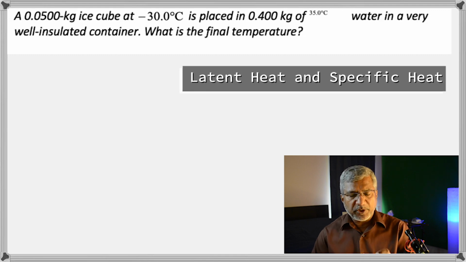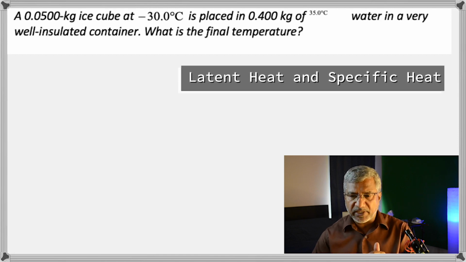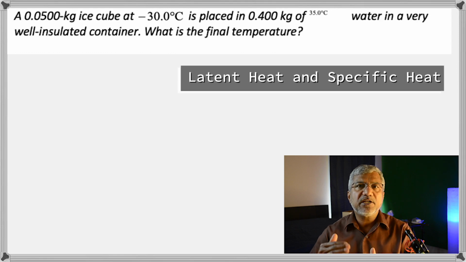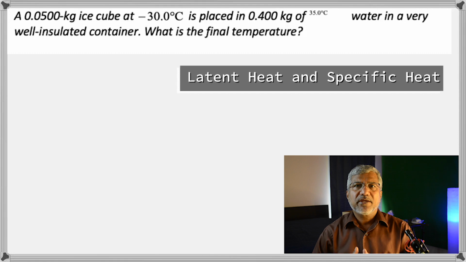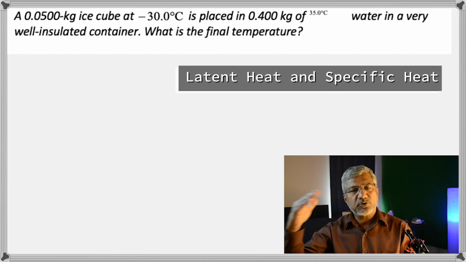So when you put that ice cube into the warm water, first of all, the temperature of ice is going to go from negative 30 and increase to 0 degrees Celsius. Ice will not melt at negative 30 degrees Celsius. In order for it to melt, the temperature has to go from negative 30 to 0 degrees Celsius.